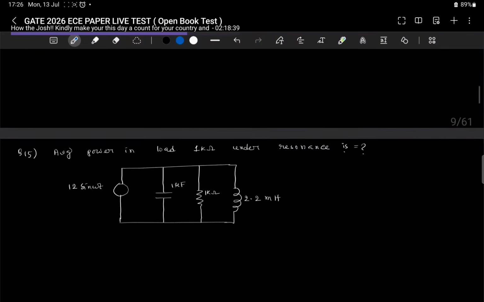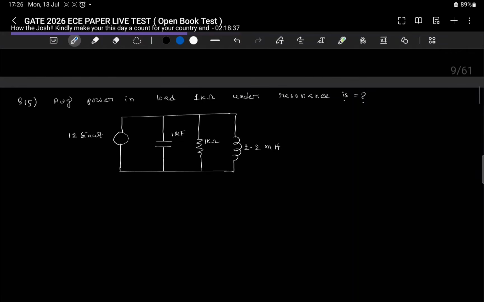Now let's move on. Question number 15. Average power in load 1 kilo ohm under resonance is what?